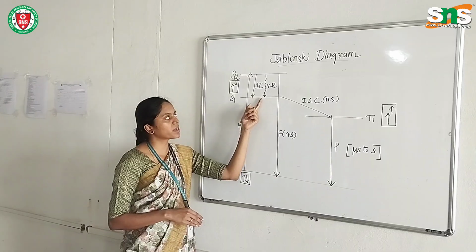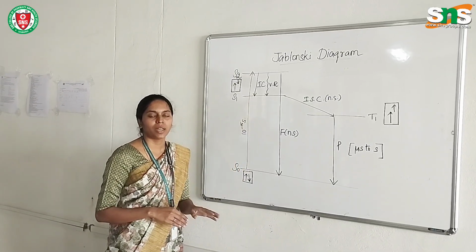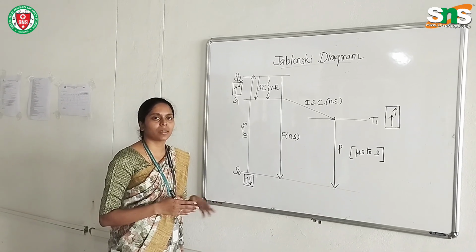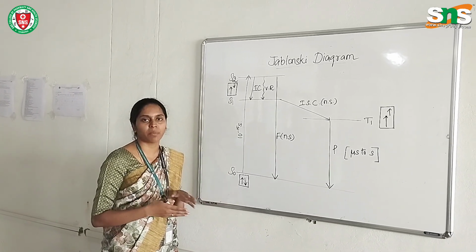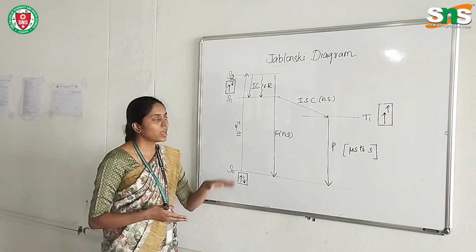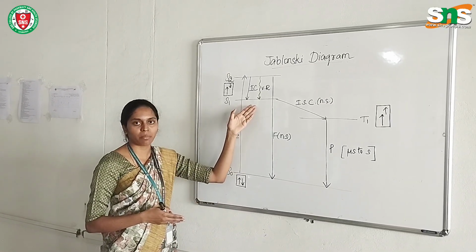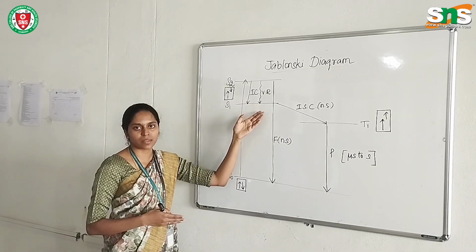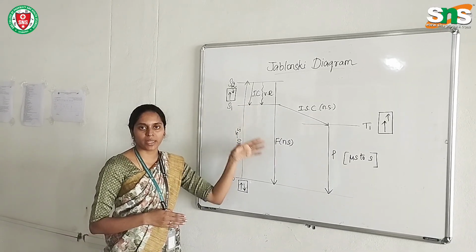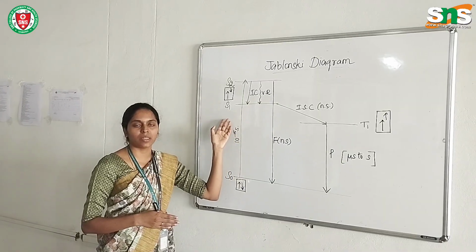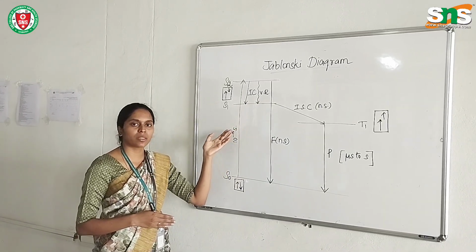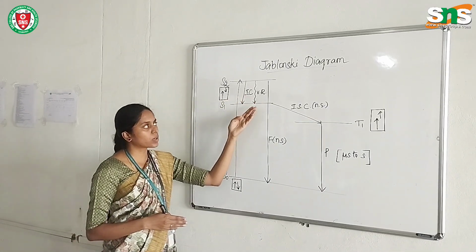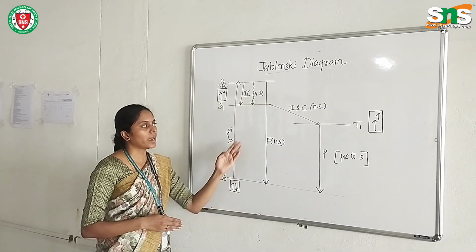Vibrational relaxation occurs because the molecules have bonds, and those bonds and the electrons present in the valence orbital produce vibrational energy along with the electronic energy. These two are called radiationless transitions because there is no emission of radiation; the energy is only lost in different forms, and some of it is lost in the form of heat.